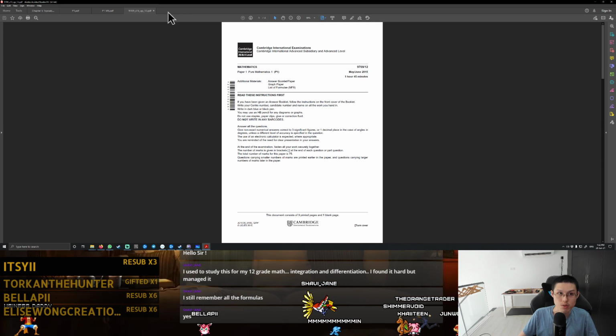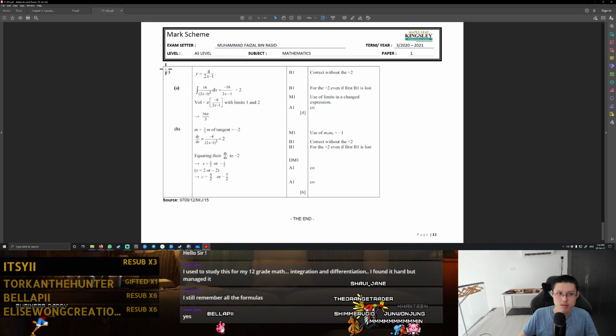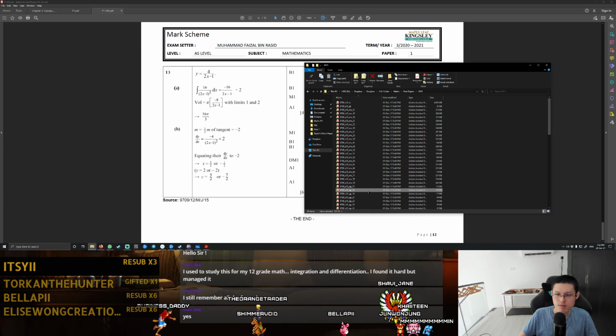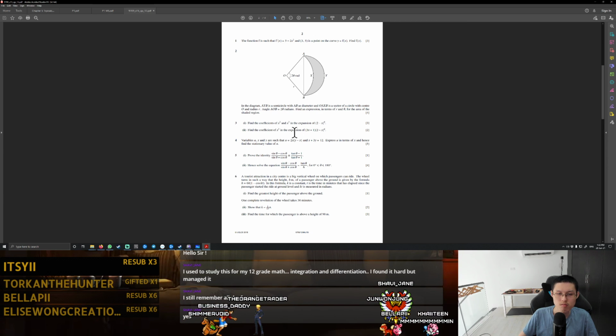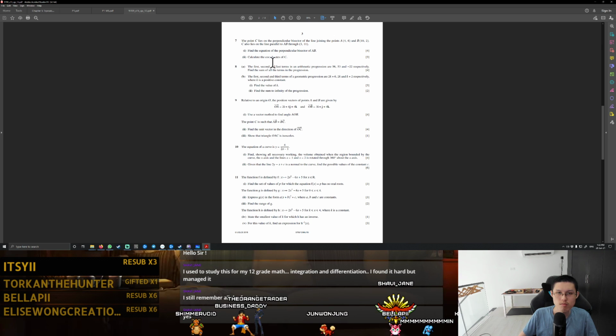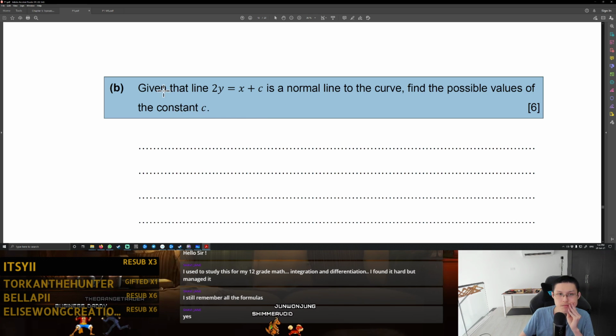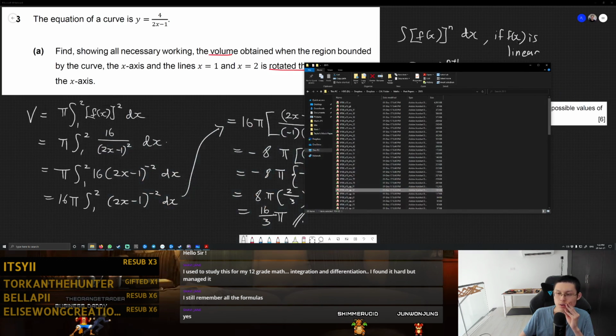What? There is no question 13. Oh, okay. I thought it was missing something, but apparently not. It is a normal line to the curve. Oh, okay, I know what it means.